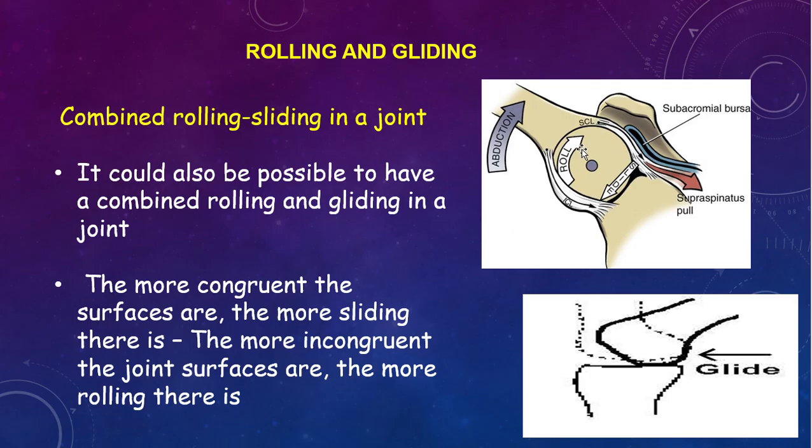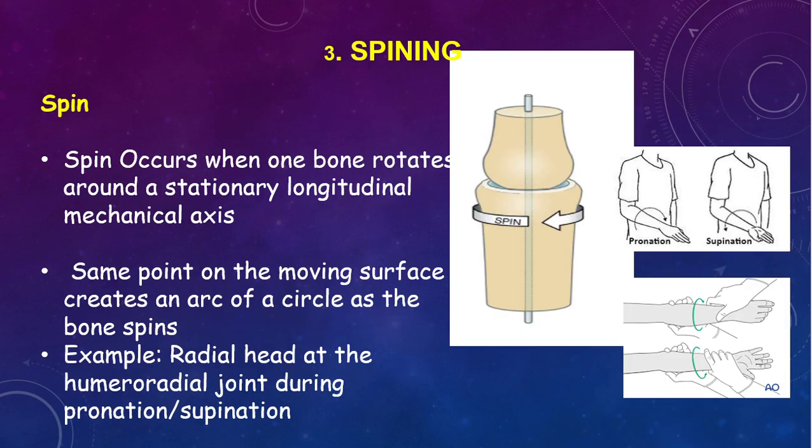But when you look at the glenohumeral joint, you see the head of humerus is a perfect circle, and the glenoid cavity is just like half or a third of the head of humerus and is concave. So they are incongruent. So in such a joint, more rolling will take place. So the more congruent, the more gliding; the more incongruent, the more rolling. Is that clear?